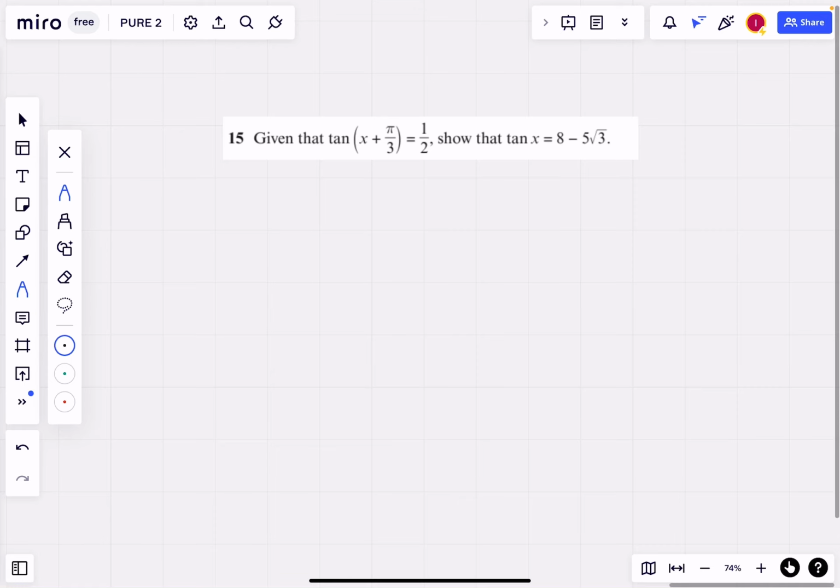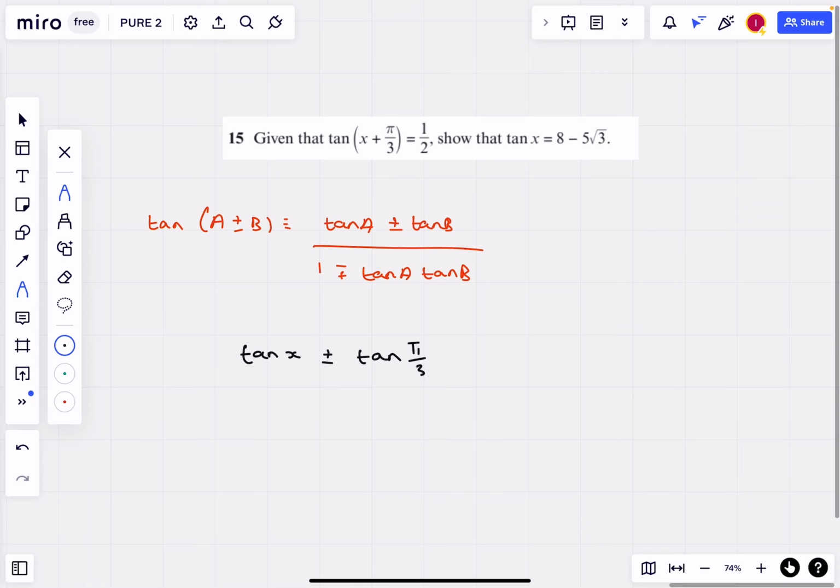In this one, you're using the tan addition formula. The tan addition formula looks something like this, where your A is x and your B is pi over 3. So plugging it in, you should get this. There we go.